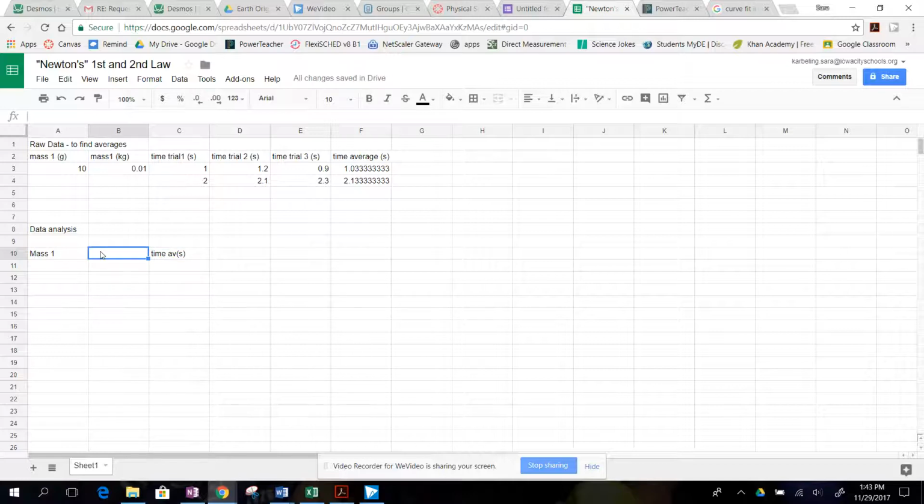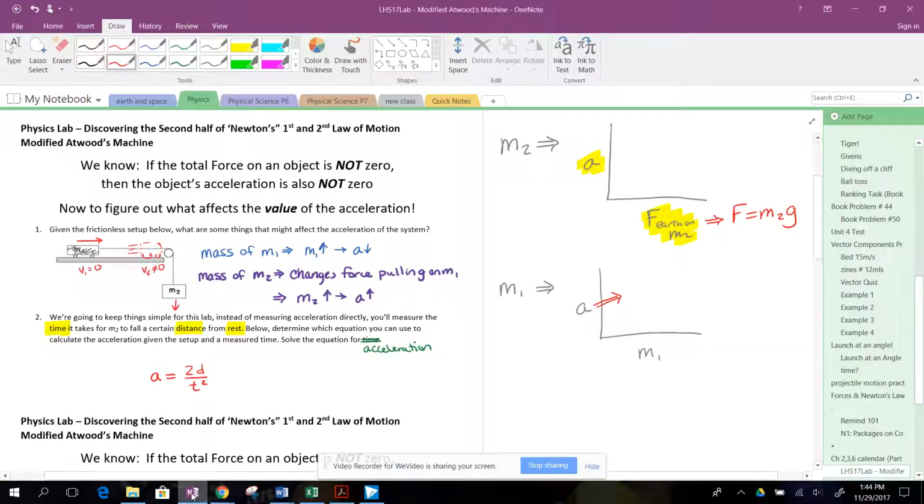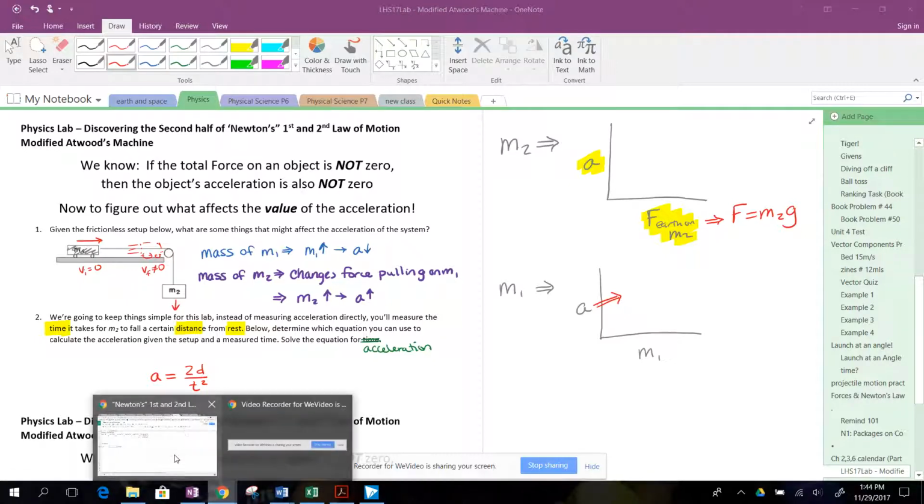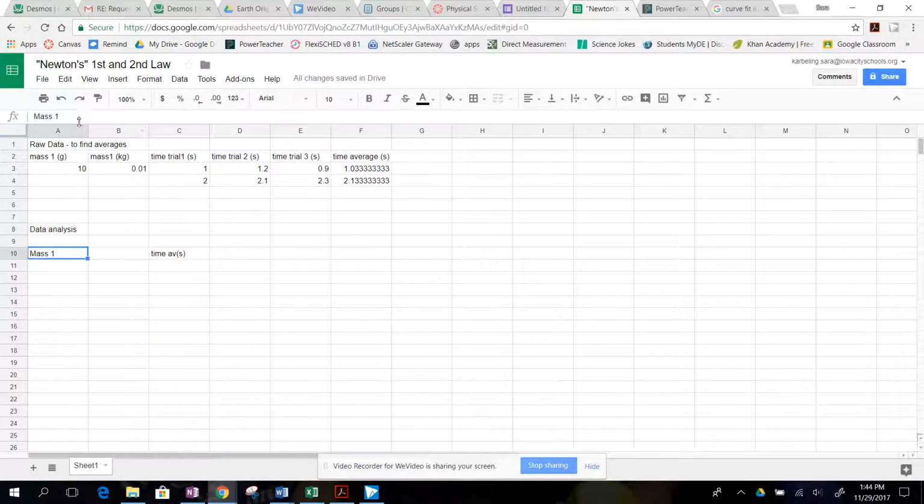Yep, so it'll be mass 2 if you did mass 2. And if you were in charge of mass 2, then we might want another column in here that's labeled the force, right? It's going to be measured in newtons because forces are measured in newtons. Okay. So if you were in charge of mass 1, you can just have one column that says mass 1, but you do want it in kilograms.